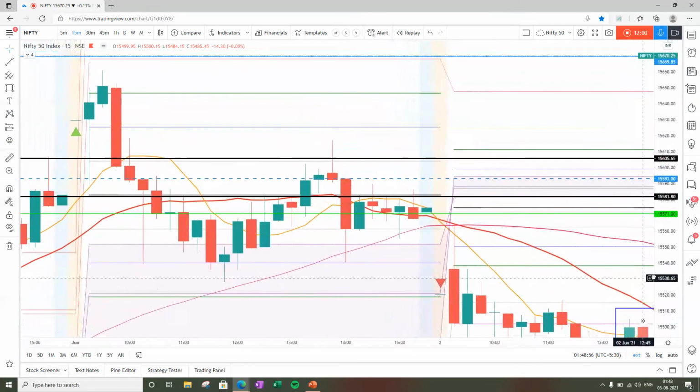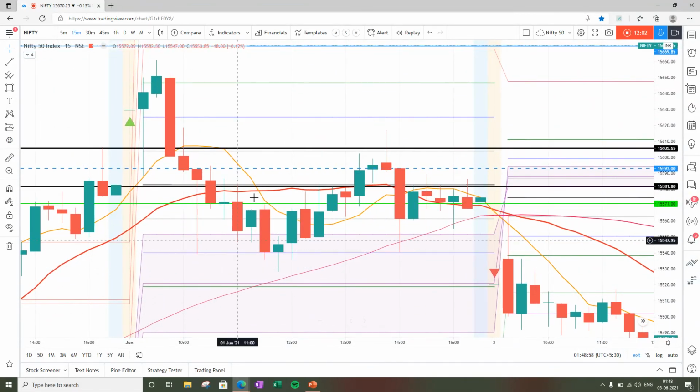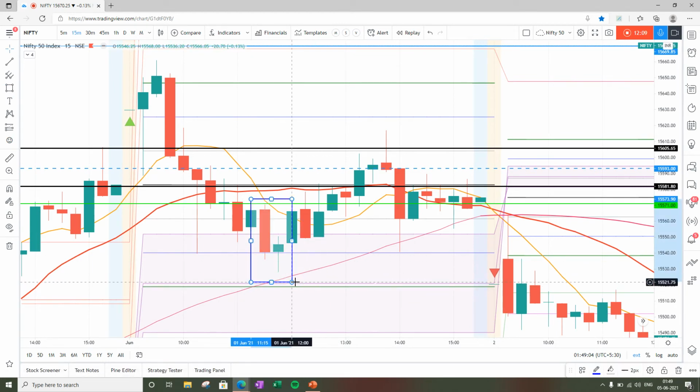Now let's try to get some more. So this one. So if you see here, the market is going down. This is almost one corner of the day. I do not know what it is, but one big candle forms.